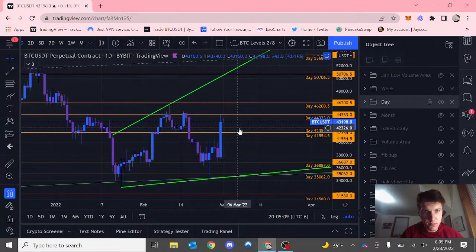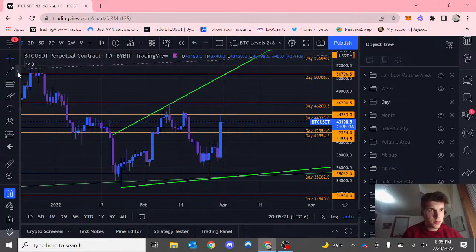That one can be of importance. Look at that, it bounced right off a daily. That one hasn't been tapped yet. Day. This one. Okay. Horizontal line.